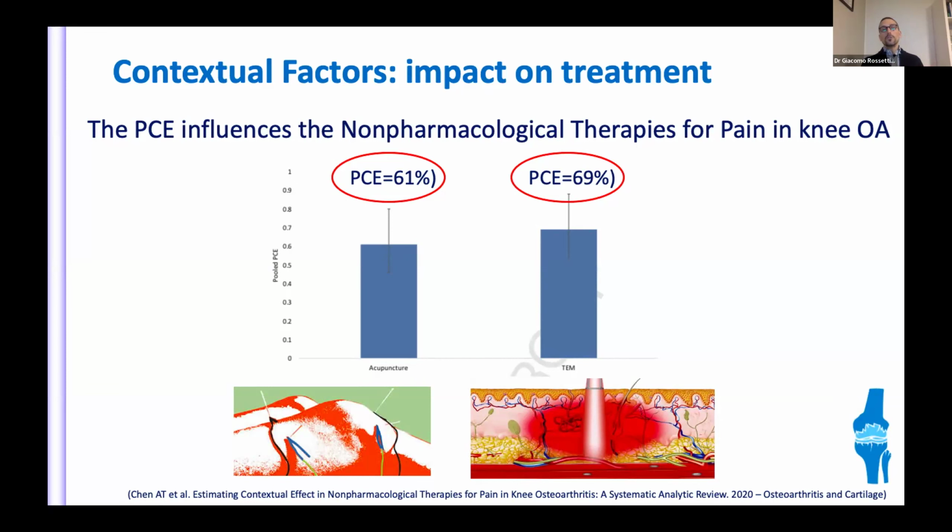What the authors noted was that the proportion attributable to contextual effects influences for 61% the effect of acupuncture, and for 69% the effect of topical energy modalities. But that's not all.